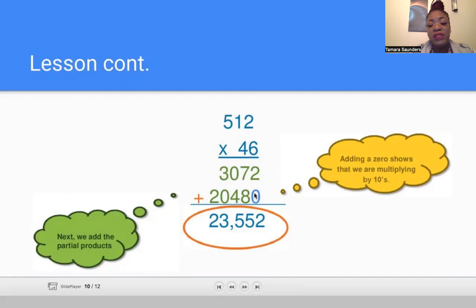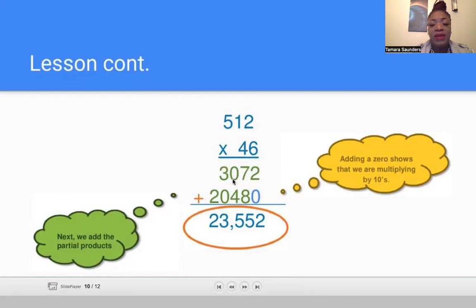So once we have done that, we will go ahead and multiply 4 times 2 gives us 8. 4 times 1 gives us 4. And then 4 times 5 is 20. So you have those two rows of numbers and we will add those together. So 0 plus 2 gives me 2. 8 plus 7 gives me 15.